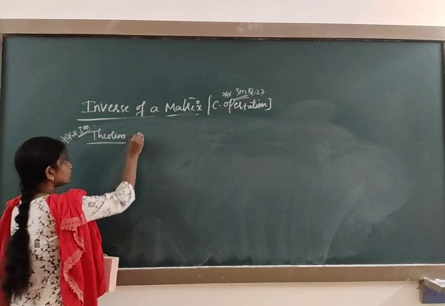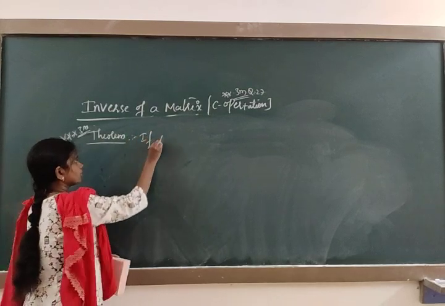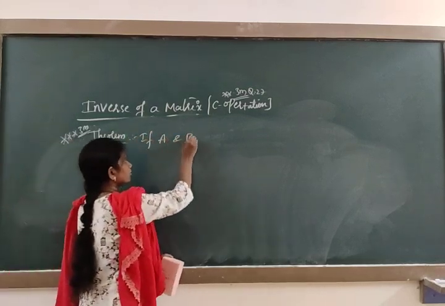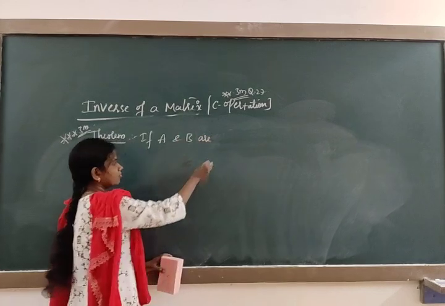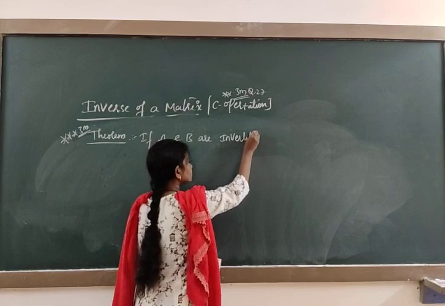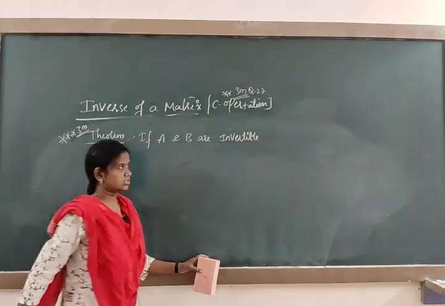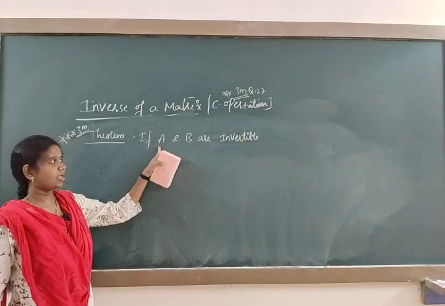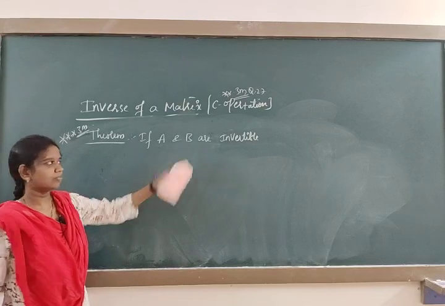So what does the theorem mean? If A and B are invertible matrices. Invertible matrices means what? Its inverse will exist. What is the inverse of A? A inverse. What is the inverse of B? B inverse.